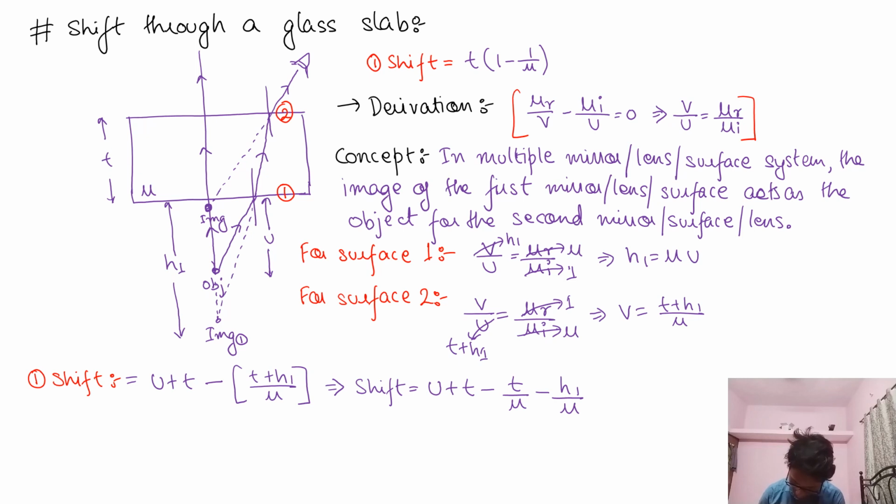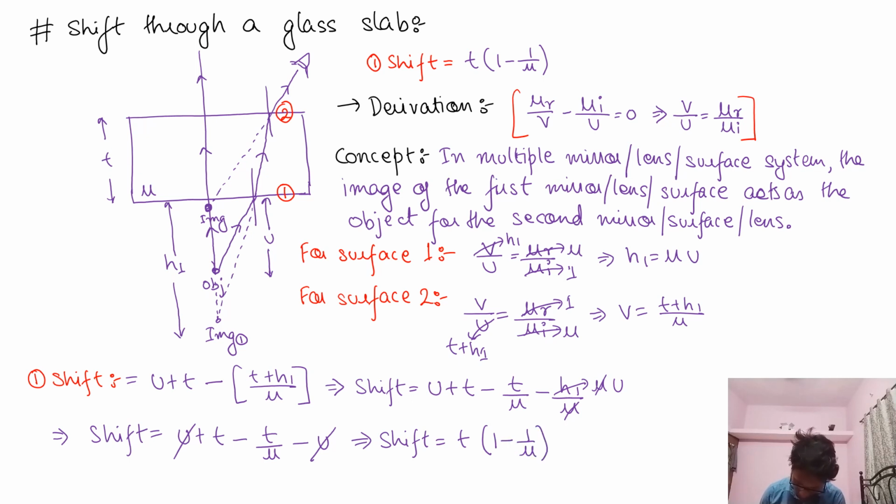Okay, so if mu and mu get cancelled, our formula for shift would be: shift is equal to how much? u plus t minus t by mu minus u, or u and minus u get cancelled, so shift is equal to t into 1 minus 1 by mu. And this is the formula for shift for a rectangular slab.